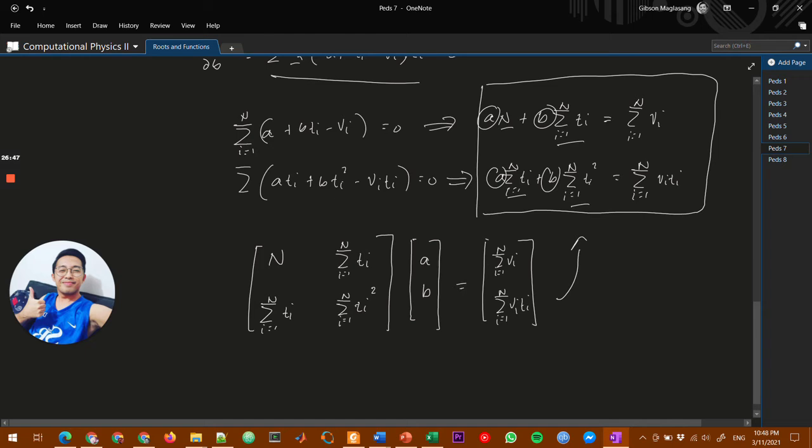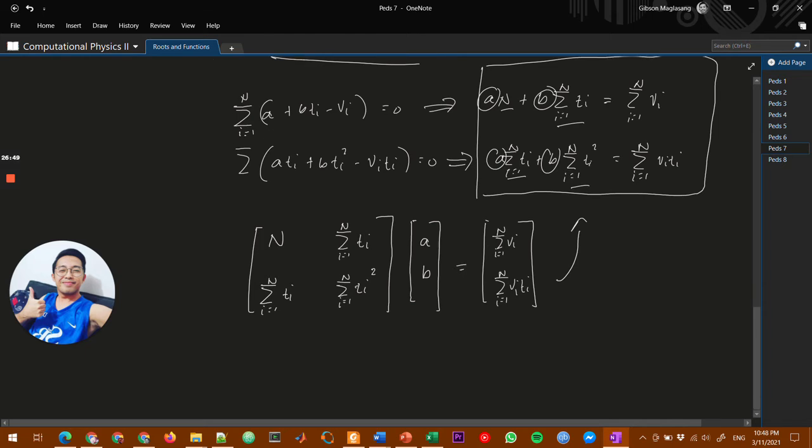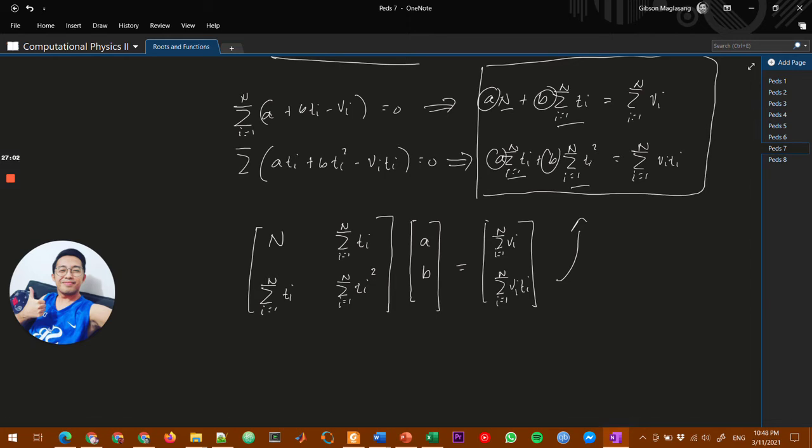So the reason why we have this matrix is that it's easy to solve in MATLAB. Okay? The idea is to simplify the equation.